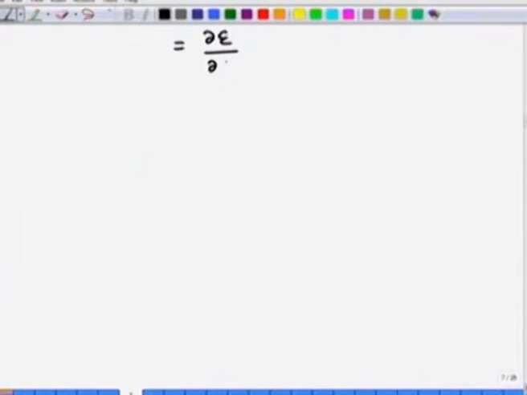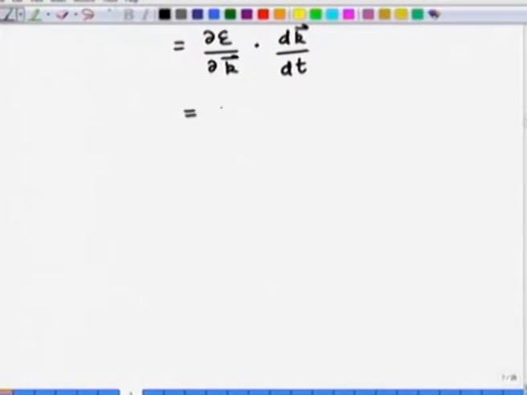which I could write as del E by del k vector dot dk/dt. So, I can write this quantity as follows.